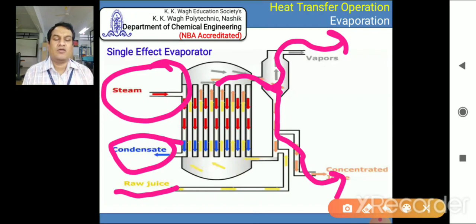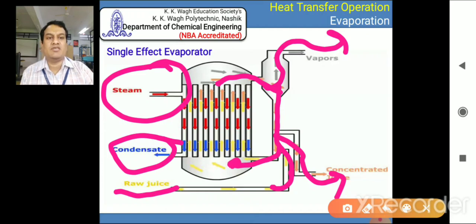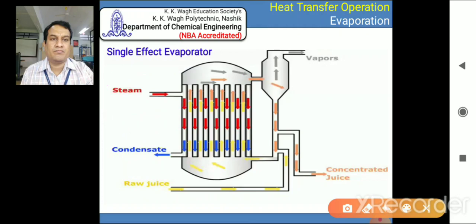In case the concentration which we require is not achieved, then we can mix this concentrated liquor into the raw material, that is called makeup feed, right? So this is the functioning of the evaporator.